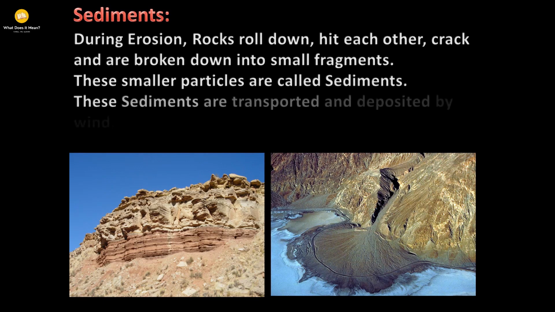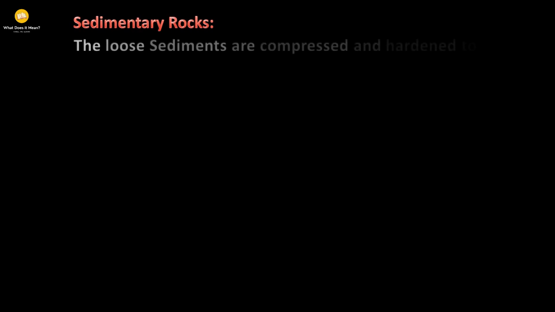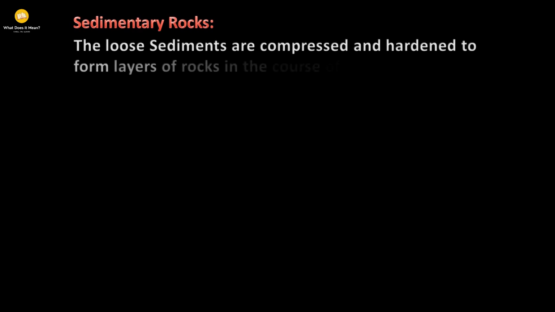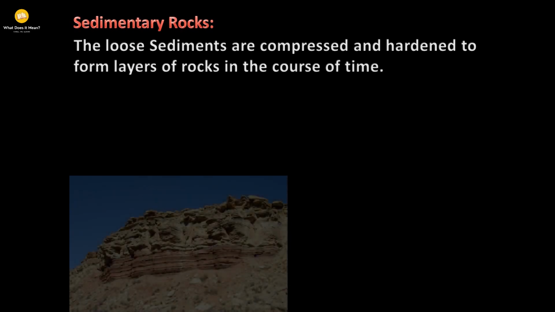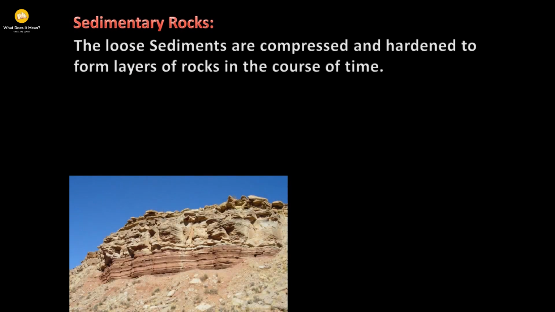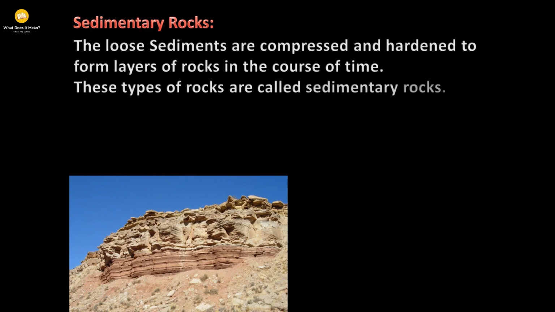These sediments are transported and deposited by wind, water, etc. Sedimentary rocks. The loose sediments are compressed and hardened to form layers of the rocks in course of time. These types of rocks are called sedimentary rocks.